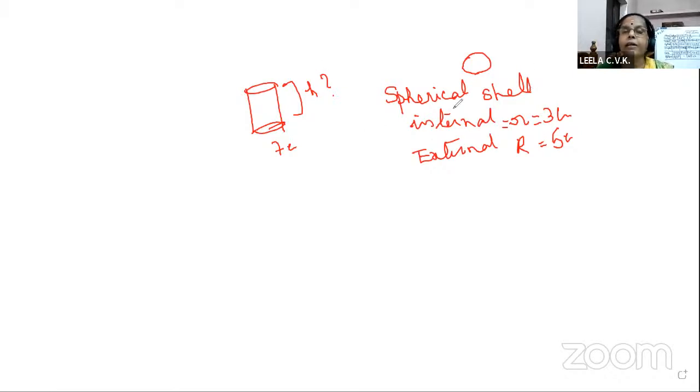This is a sphere. How to find the volume? What is the formula for sphere volume? 4 by 3 pi r cube, isn't it? But only that thickness we have to take, so we subtract: 4 by 3 pi into R cube minus r cube.